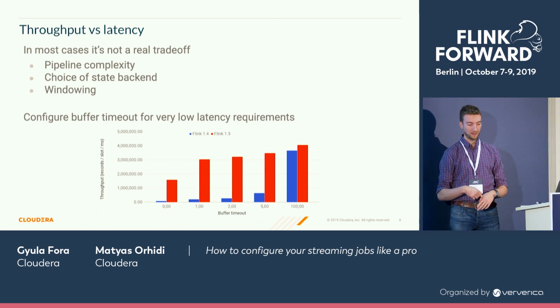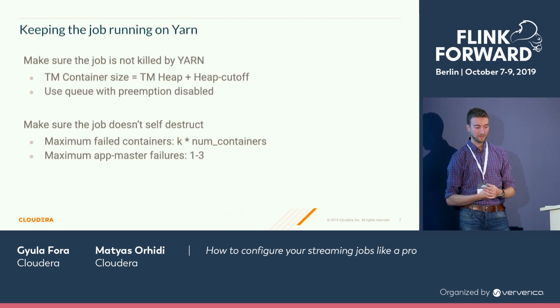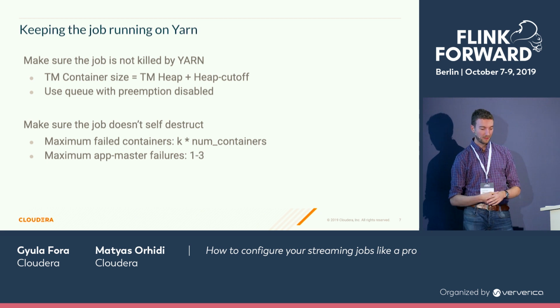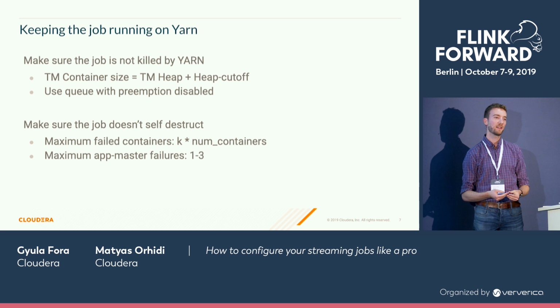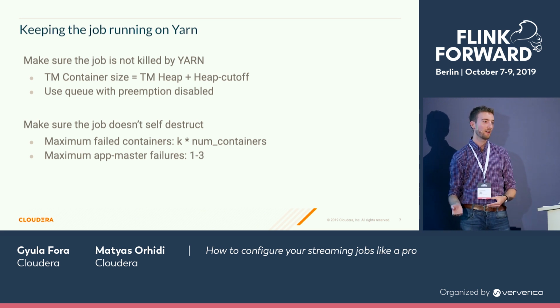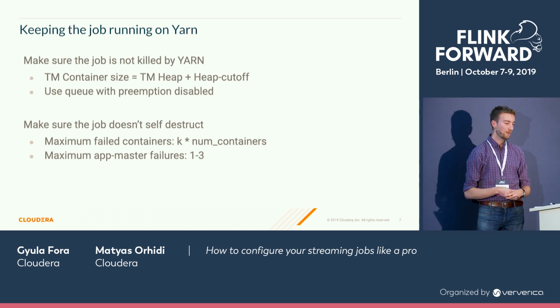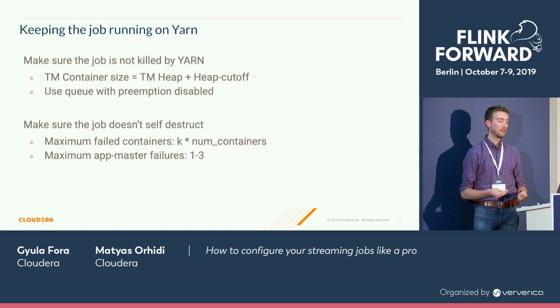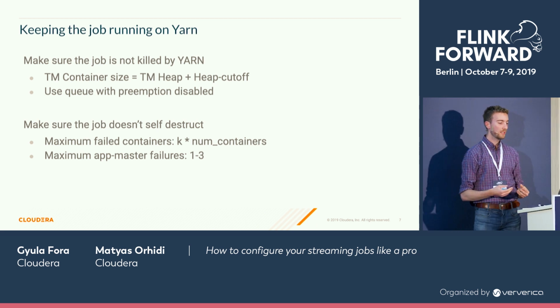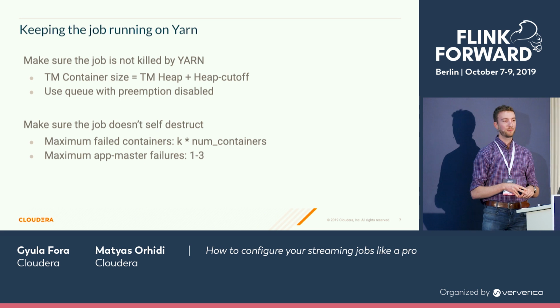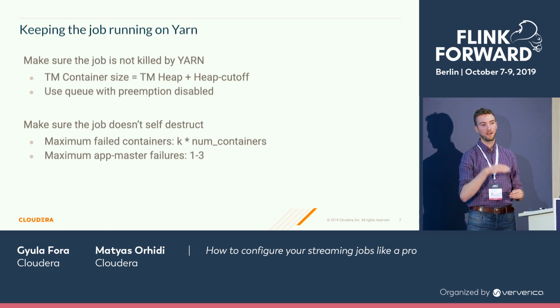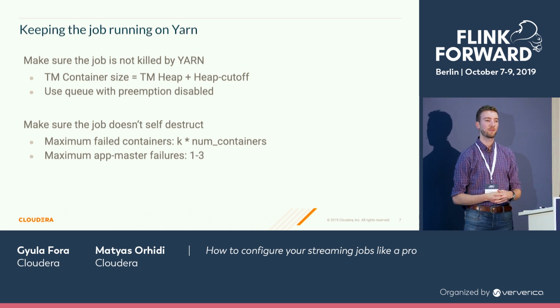As for deploying on Yarn, you have to make sure that your job is not killed either by Yarn or by itself. Yarn will kill any application that reaches the memory limit that is set for the container.